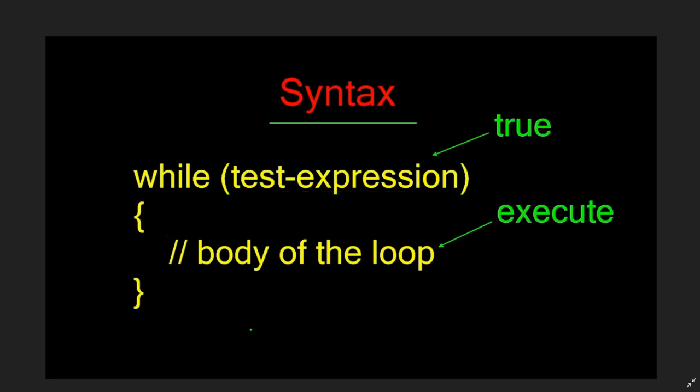And about the syntax, we have the while keyword, then in brackets the test expression, which is a Boolean test expression, which means that as value we expect true or false, and if it's true we go inside those curly braces like I said, and here is the body of our loop, which will be executed.